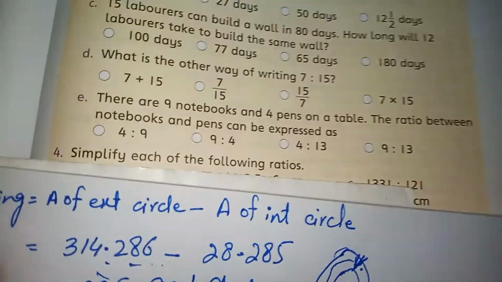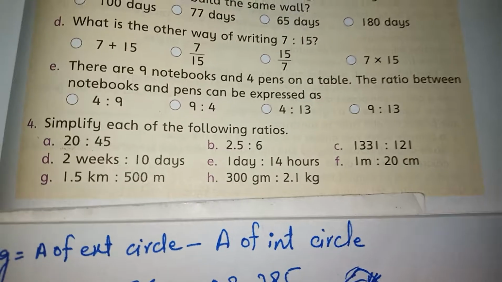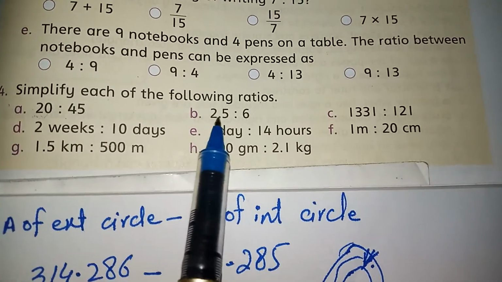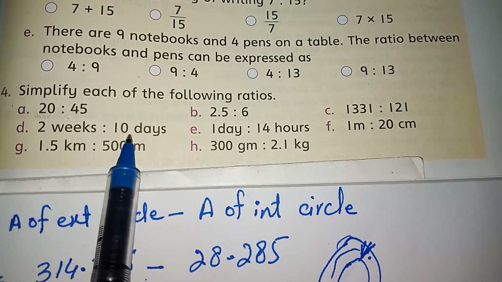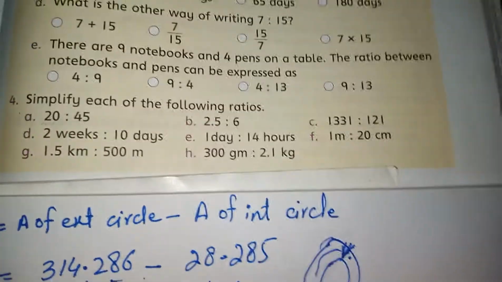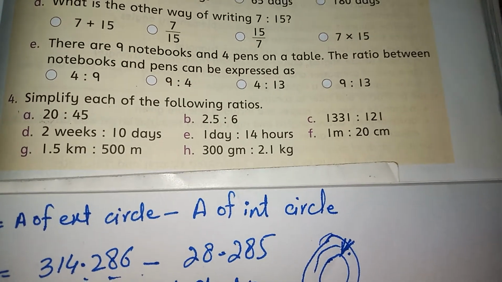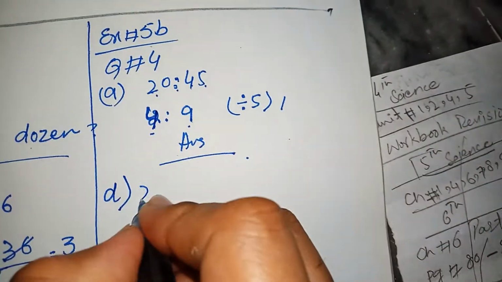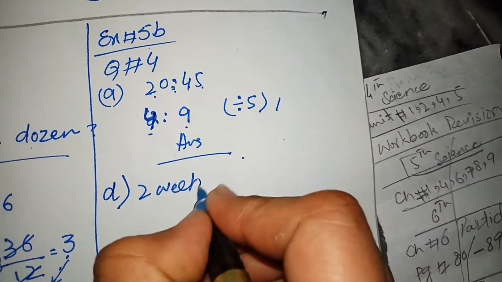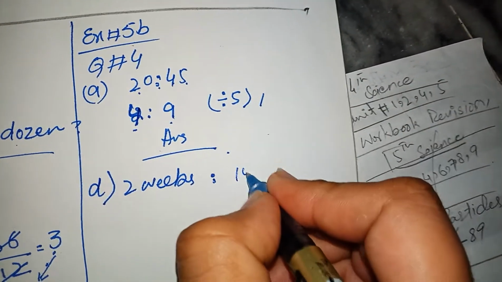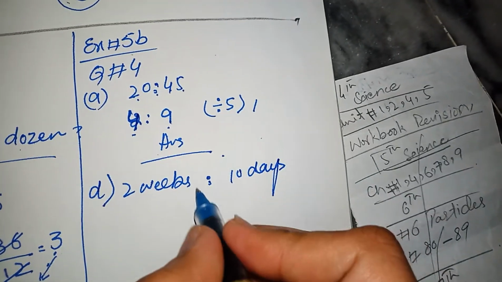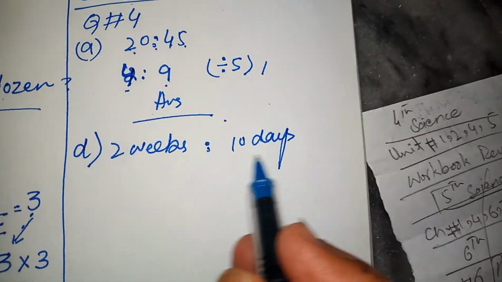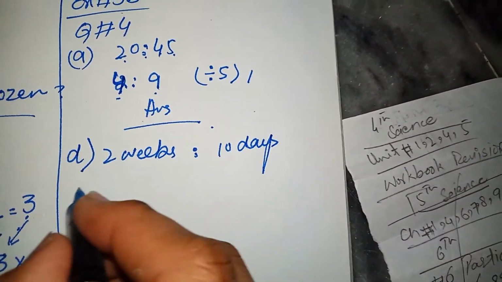Now come to another question that is a little bit different. You can see 2 weeks to 10 days. You can read this symbol as 'is to'. 2 weeks is to 10 days. How many days are in 2 weeks?